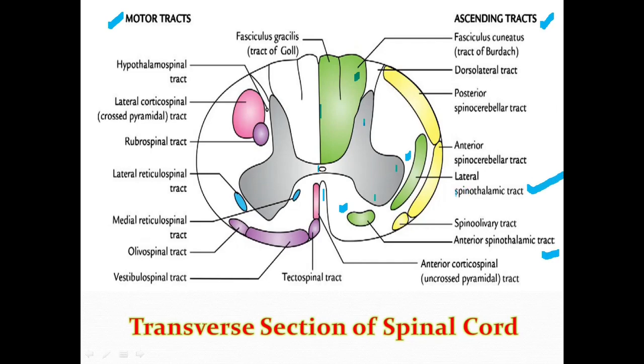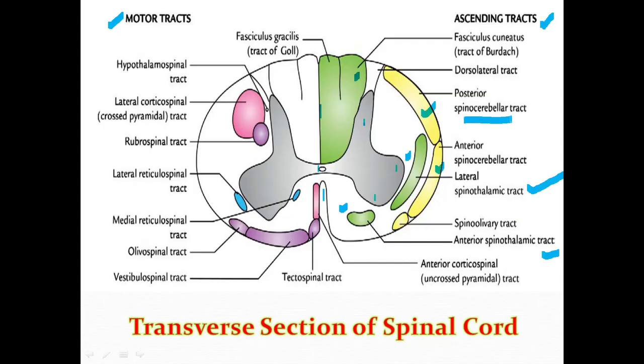So this should be the first word to be remembered: anterior and lateral spinothalamic tract. And the second thing, remember anterior and posterior spinocerebellar tract.